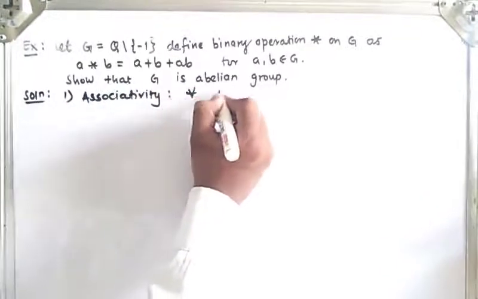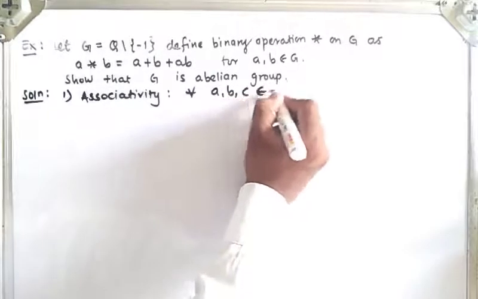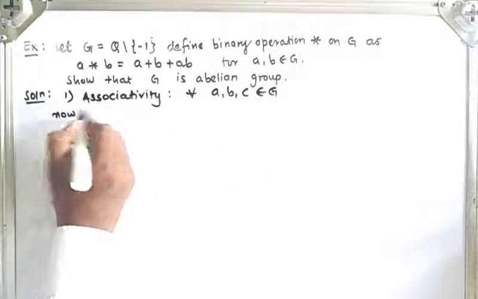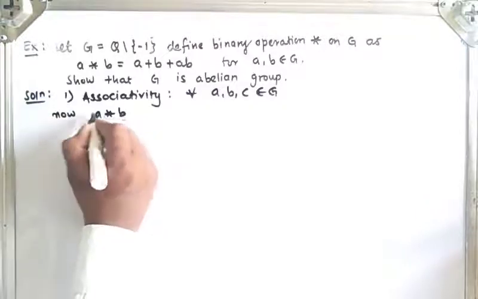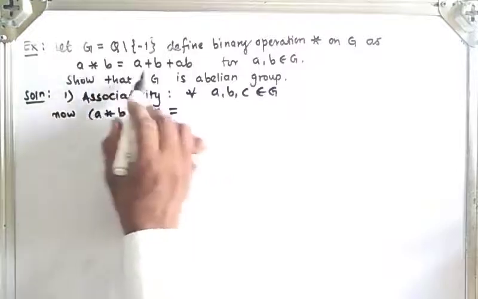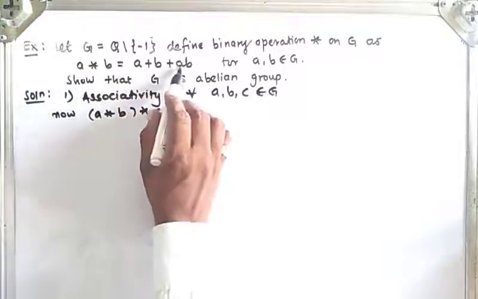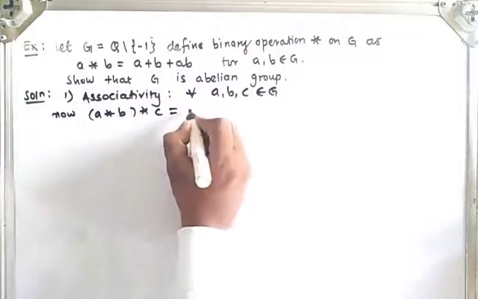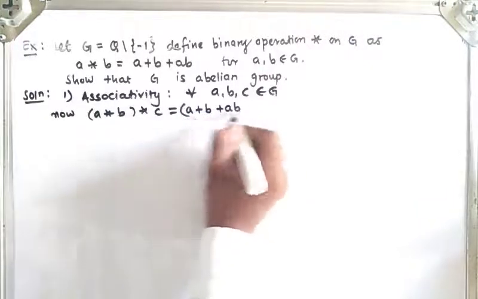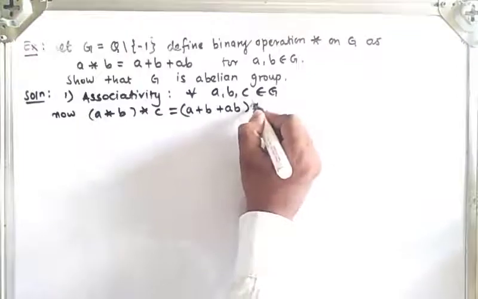Solution, first associativity. For all a, b, c belong to G, consider (a star b) star c. We know that a star b is the addition of these two elements plus the multiplication of these two, so a star b is a plus b plus a into b, here star c.